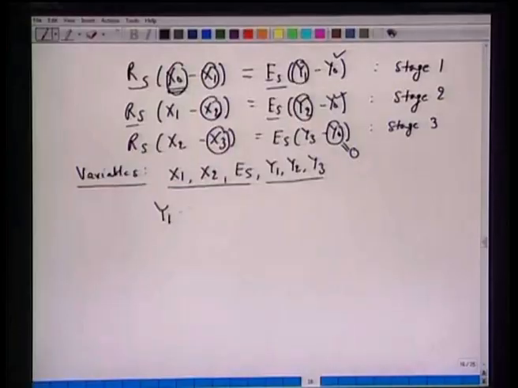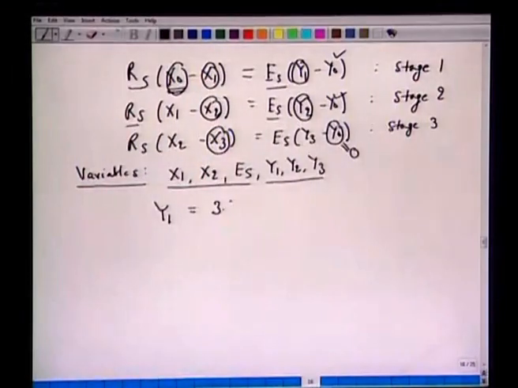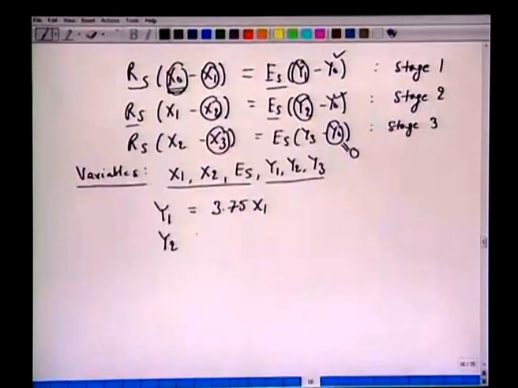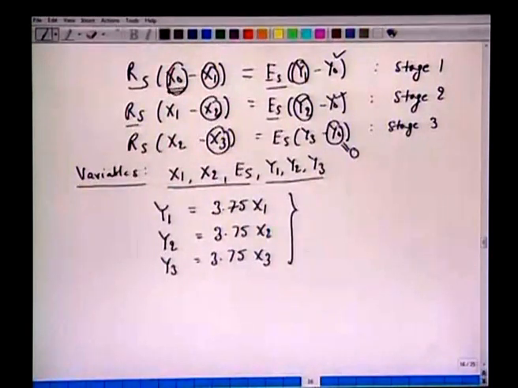So if they are ideal, now we have y1 equals 3.75 x1, y2 equals 3.75 x2, and y3 equals 3.75 x3. Now we can say that there are 6 unknowns and 6 equations.